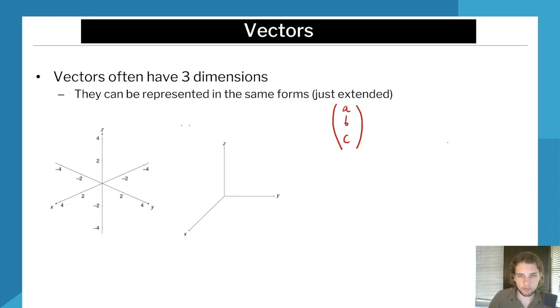Then addition, subtraction, scaling, and multiplication work pretty similarly. You just do it on all components, on three components as opposed to two, sorry. Then in terms of component form, we use i and j, and now we just add another one. We use k.